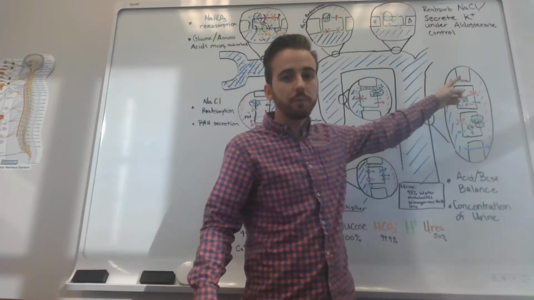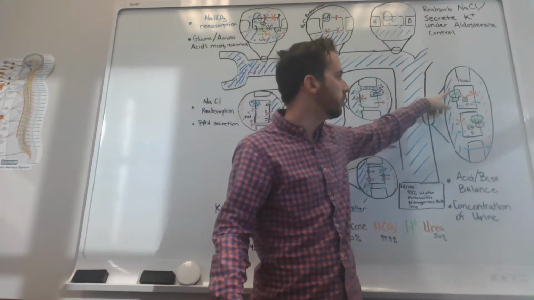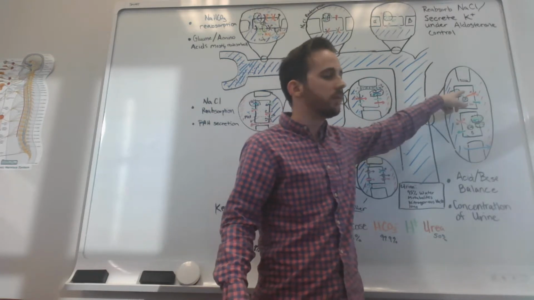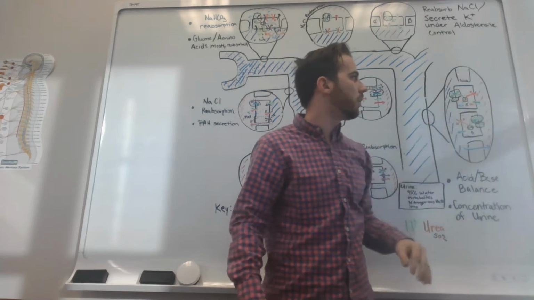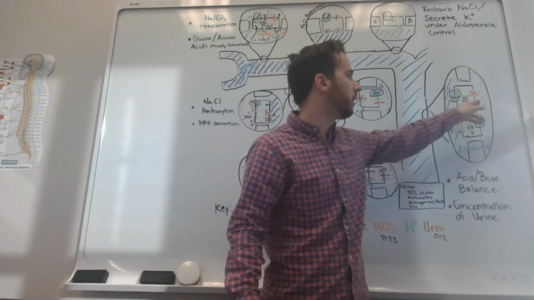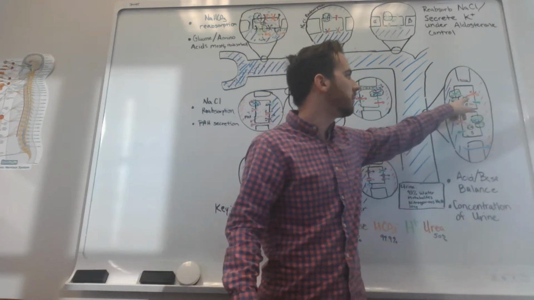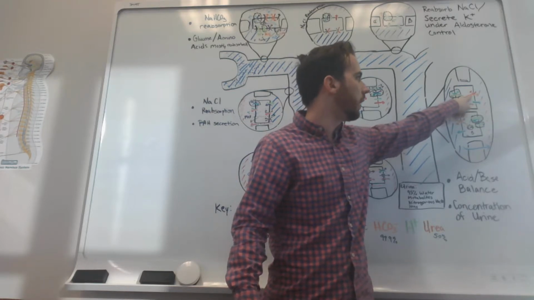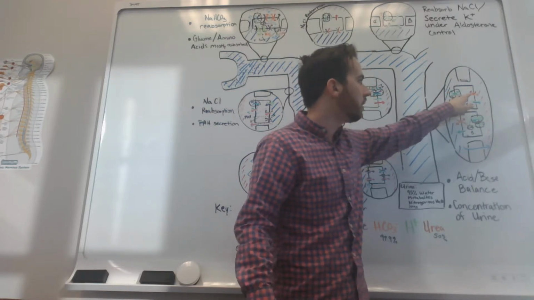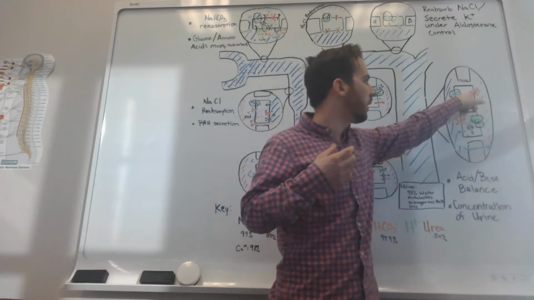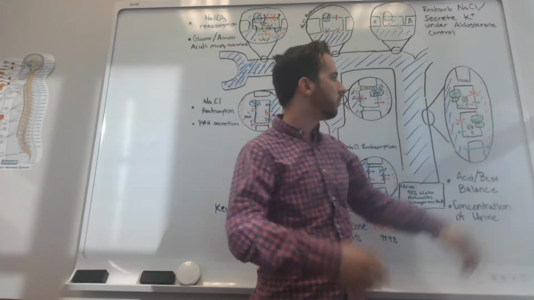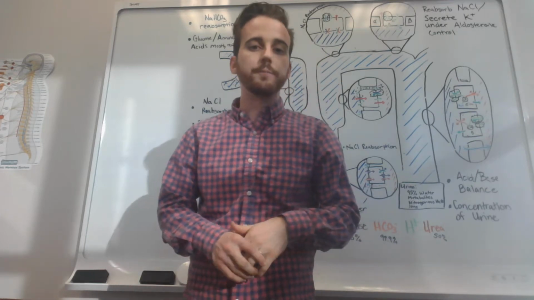And that's going to be coupled with movement of potassium into the cell, okay? Potassium will then be pumped out into the bloodstream. At the same time, our bicarbonate will be pumped out into the bloodstream, and chloride ions will be pumped into the cell, okay?